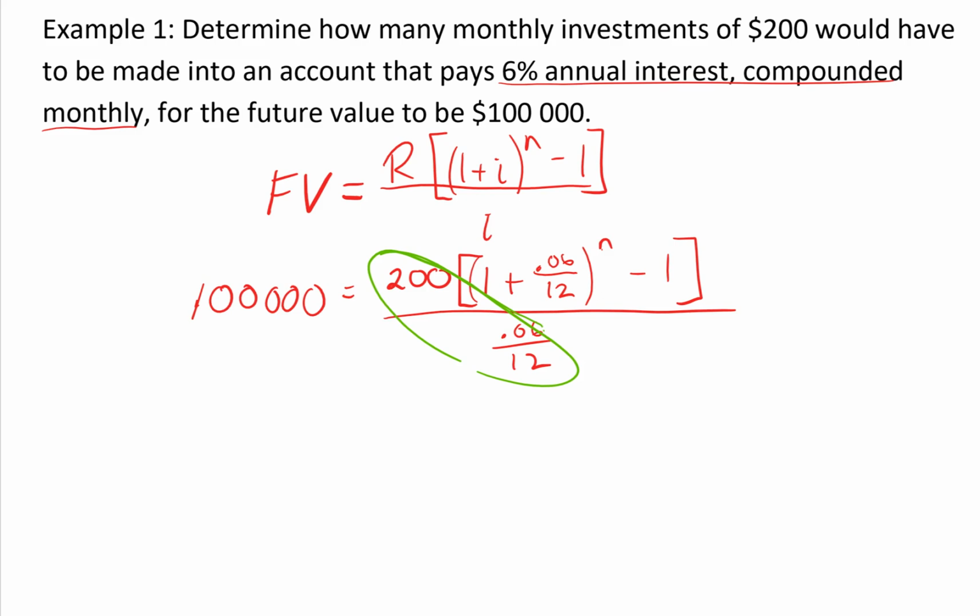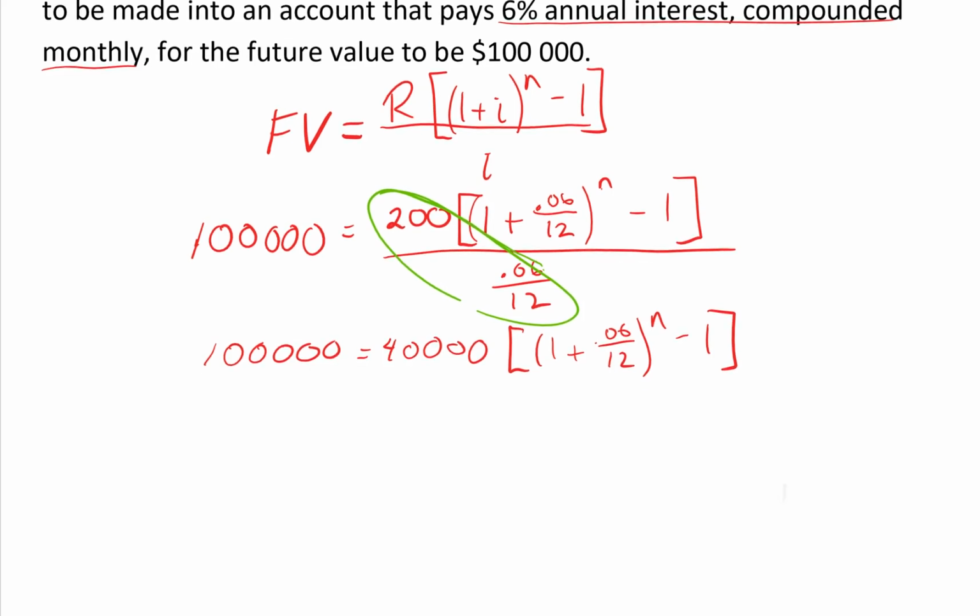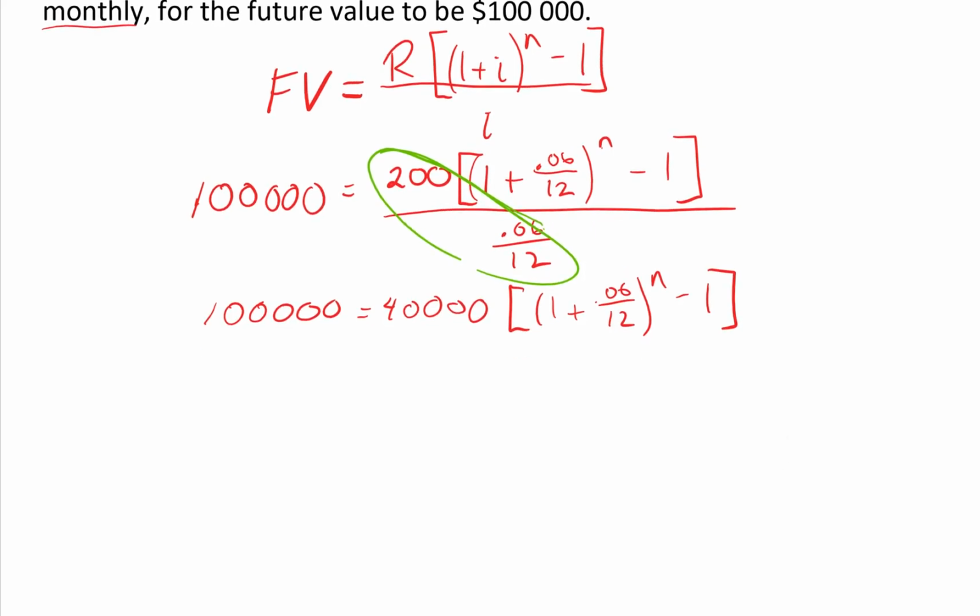All right, so I put that in the calculator and I get 40,000. And then I'm going to leave 1 plus 0.06 over 12, like that. So I'm going to divide both sides by 40,000 and I end up with 2.5.